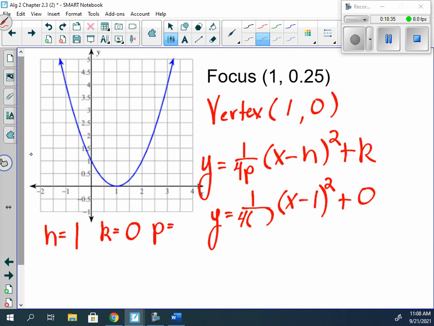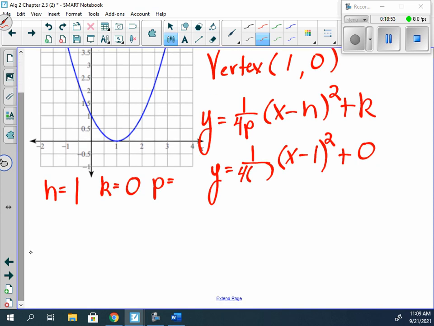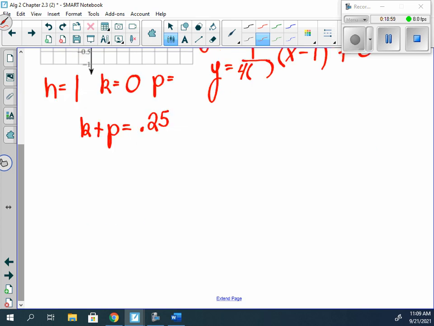Now, the focus y value, we know that this is taking the place of k plus p, because that's what it says in the general equation, that the focus for this setup is (h, k plus p). So the y value of the focus, k plus p, is equal to 0.25.